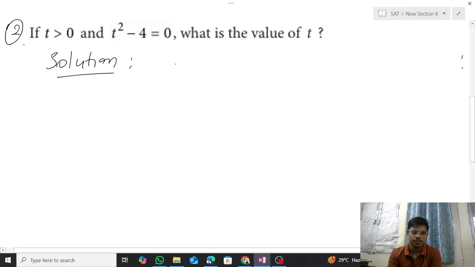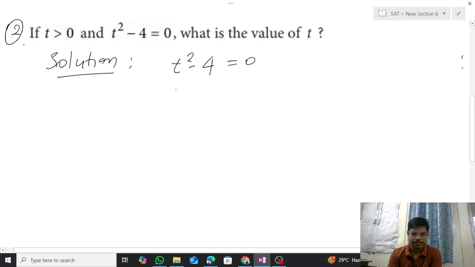If t square minus 4 is equal to 0, so what can we say? T square is equal to 4. Okay, I just need to factor this equation. This is t square minus 4, so I can open it with a formula.